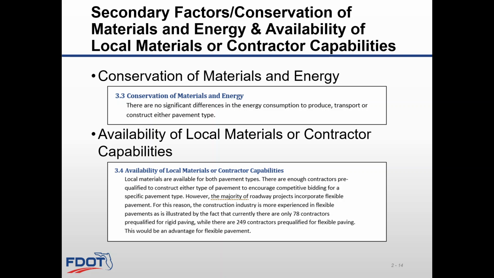The availability and adaptability of local materials may also influence the selection of pavement type. The availability of commercially produced mixes and the equipment capabilities of area contractors may influence the selection of pavement type, particularly for small projects. Shown here are some example write-ups for a pavement type selection report.